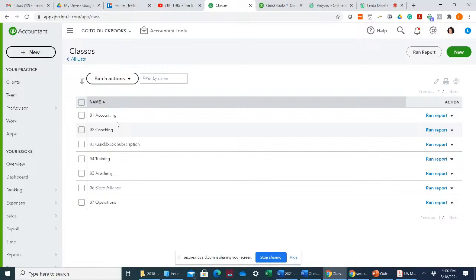Every time there's a deposit, you would enter that class in the transaction. And when you're paying money out, such as rent or utilities, you would put that grant in the class field.